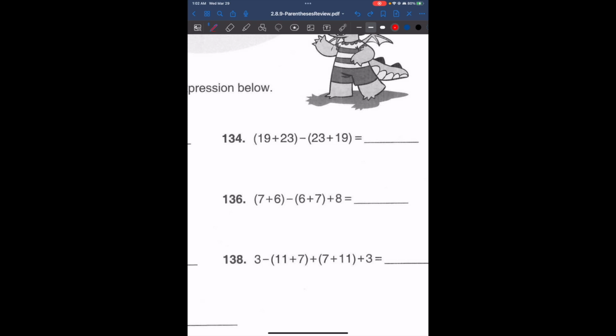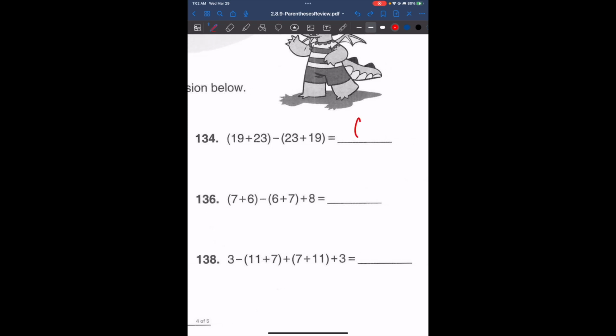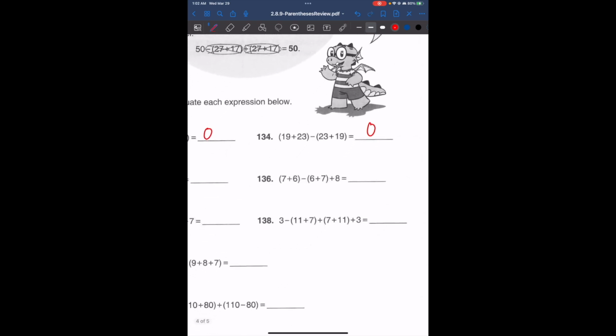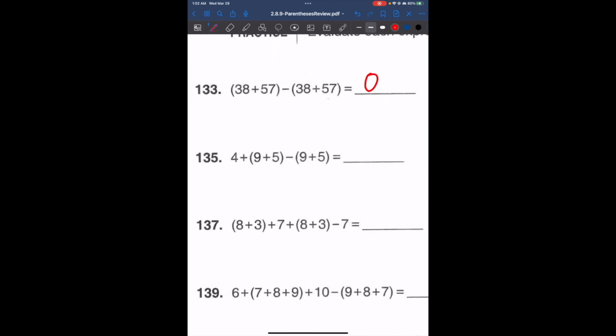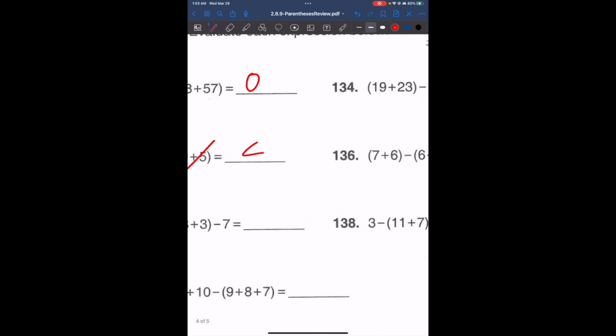So it's same number minus same number, again, 0. Now we have 9 plus 5, so what's inside the parentheses is the same. So we're going to be able to cancel these parentheses out because one is positive and one is negative. And so we're left with 4.